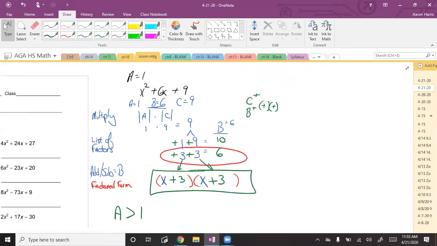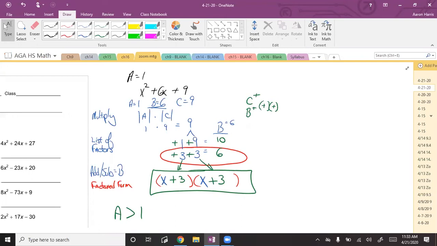Then I figured out what A, B, and C were. I did the absolute value of A times C. I got 9. I got 1 and 9, 3 and 3. Then I knew that C was positive, B was positive, so my factors had to be positive. Then I was able to write the factored form because 1 plus 9 is 10, 3 plus 3 is 6. So I picked 3 and 3, and I have x plus 3, x plus 3.